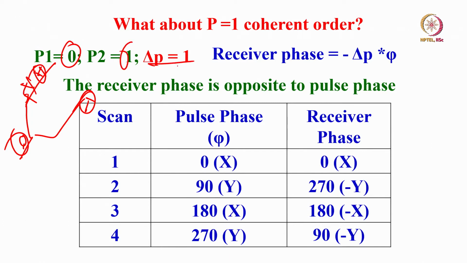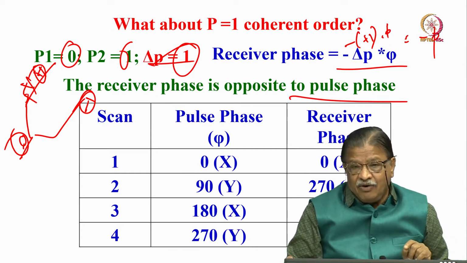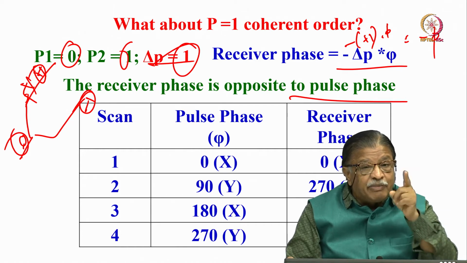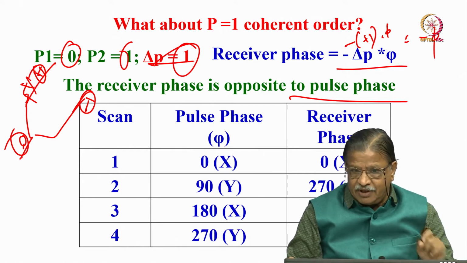What is my delta p? p2 minus p1, it is plus 1. So the receiver phase is minus plus 1 into phi, so it is minus phi. So the receiver phase is opposite to the pulse phase. If I have to choose the plus 1 coherence pathway, then the receiver phase has to be opposite to the pulse phase. Very important thing, you should remember.